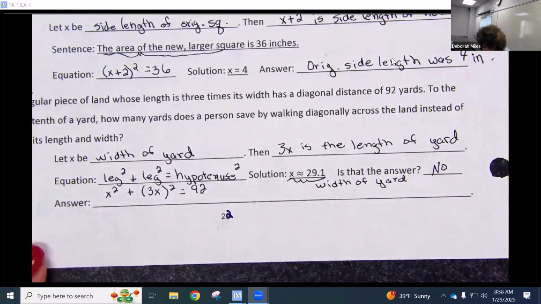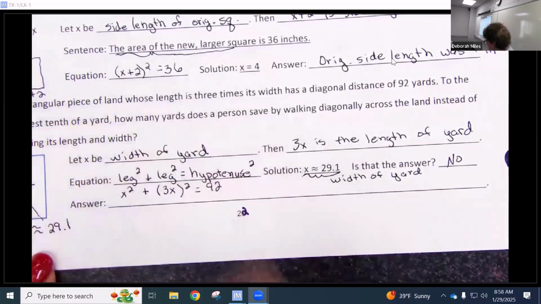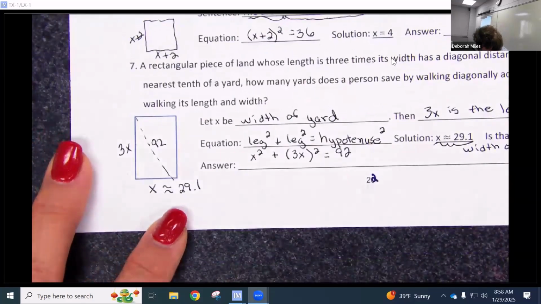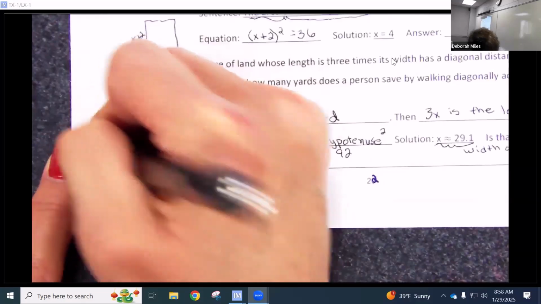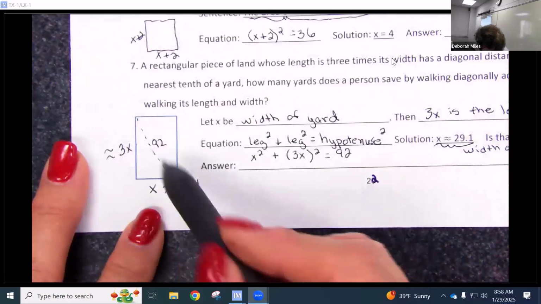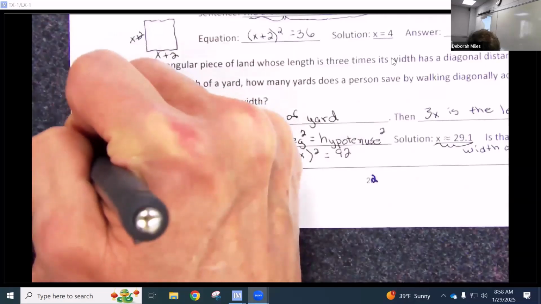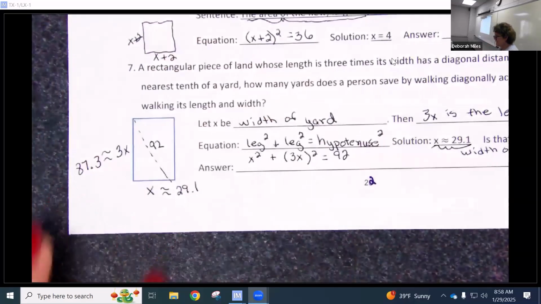If the width is about 29.1, and that would make the length about 87.3, could say 4 times 29.1.